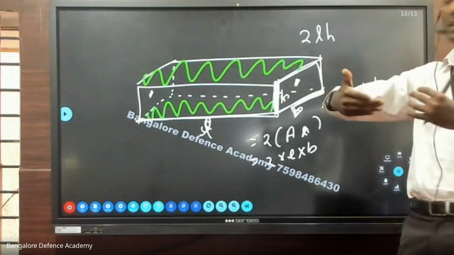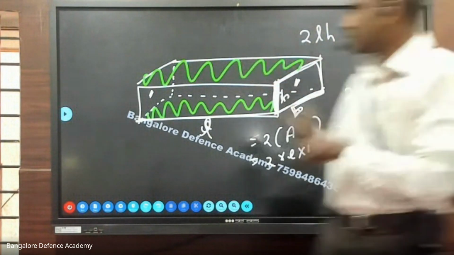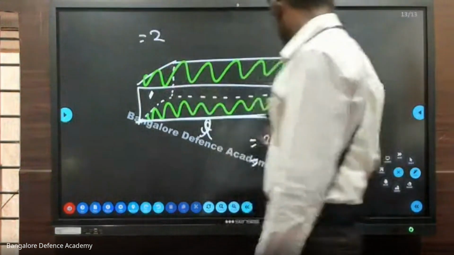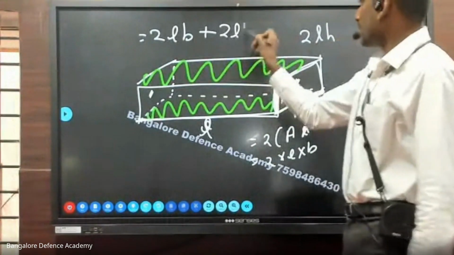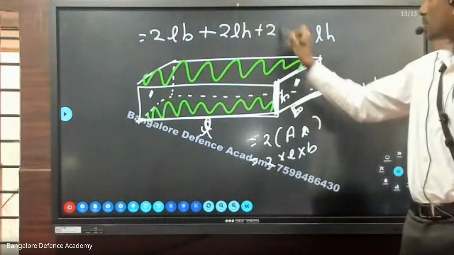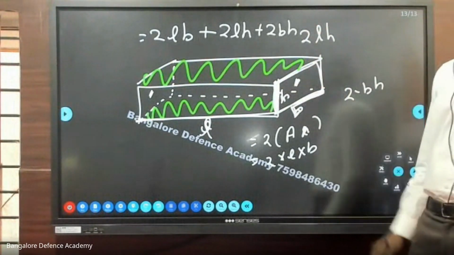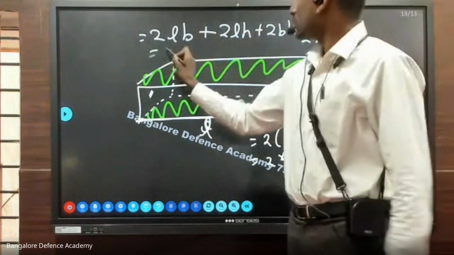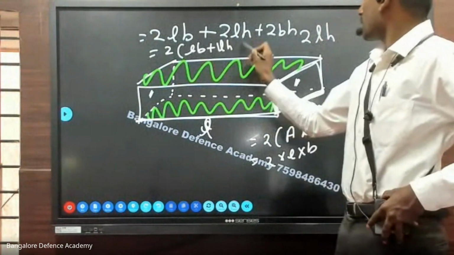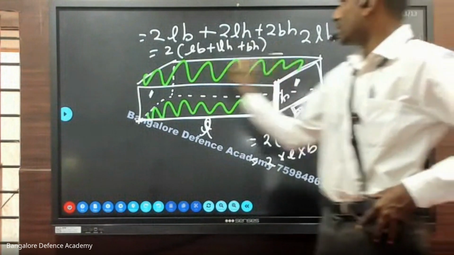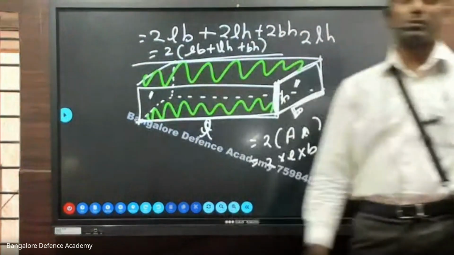Total, adding these 3: 2LB plus 2LH plus 2BH. Correct? What is common in this? 2 times (LB plus BH plus LH). You understand? This is the formula for the total surface area of the cuboid.